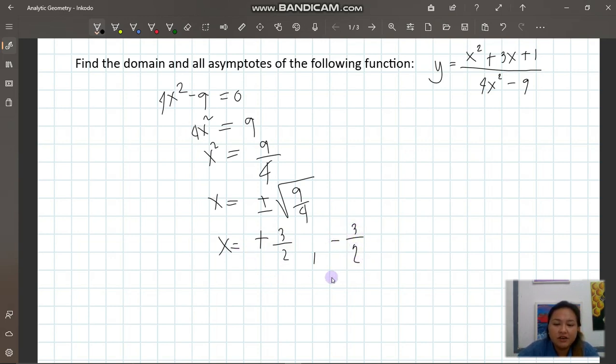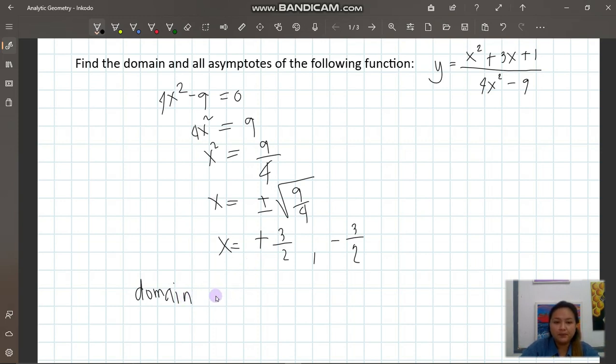These are the values of x that, if we use them in our equation, make the denominator 0, which would make the equation undefined. So the domain of this function is everything except positive 3 halves or negative 3 halves.